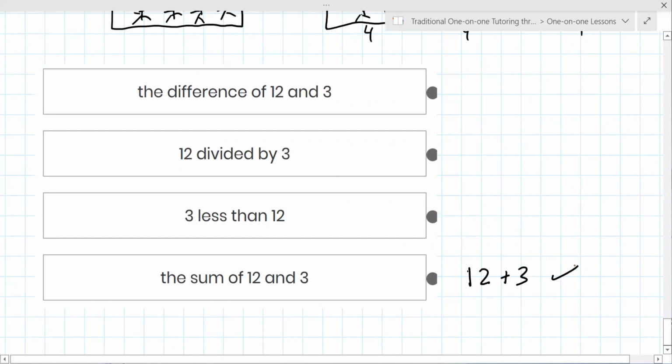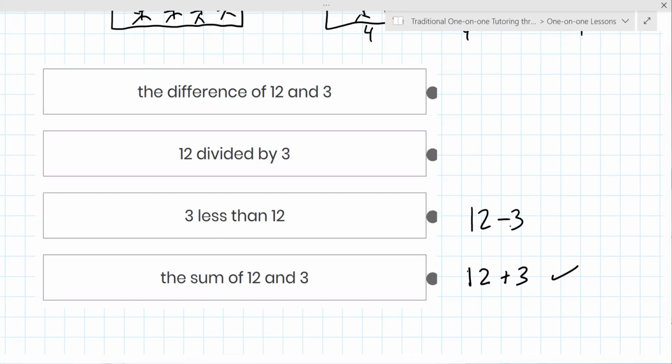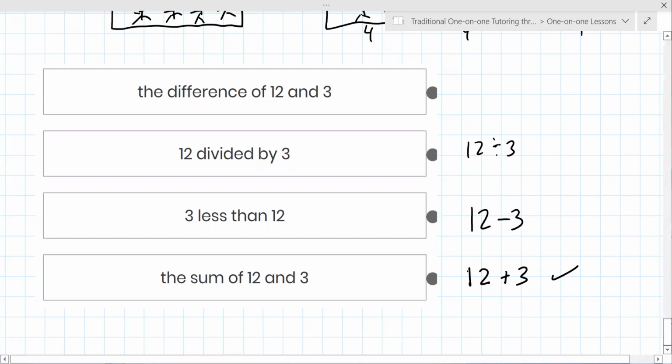Okay, good. And then the less than, that's subtraction. 12 subtracted by 3. And divided is division. And 12 divided by 3.